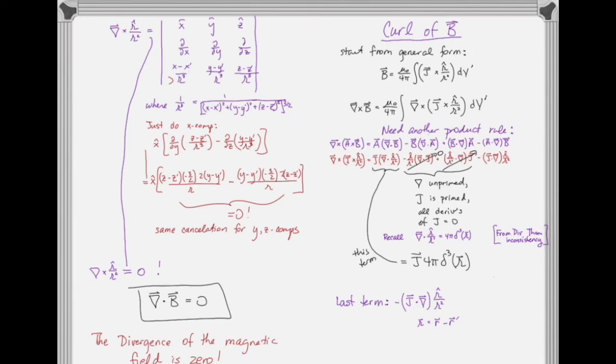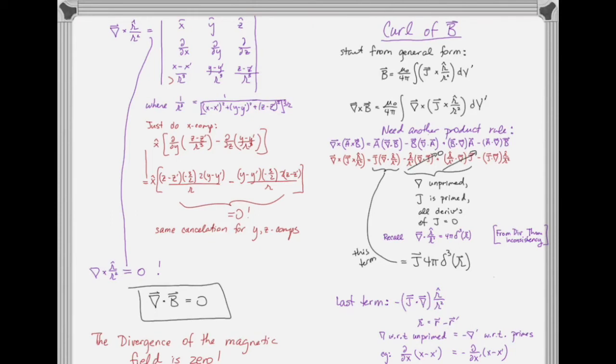I'll show an example of the x coordinate here. The script r vector, as we already said, is regular r vector minus r prime vector. So if I just consider the x components, the regular del is the partial x, and then you're operating on x minus x prime. That's the exact same thing as putting a minus sign in front of the derivative with respect to x prime of x minus x prime.